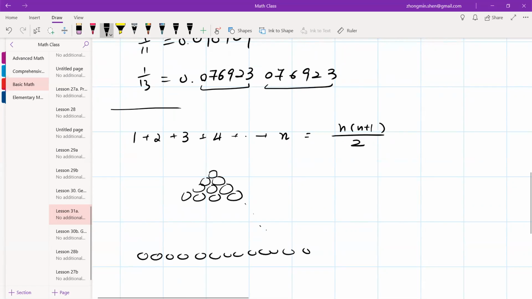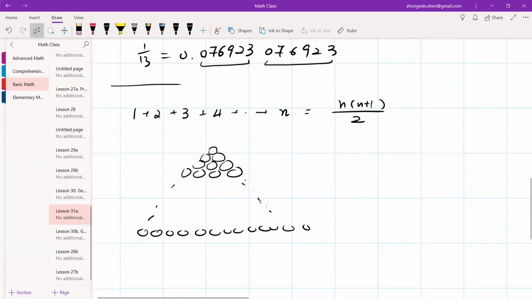Every time you increase by 1, if there are 13 circles in the last row, how many circles total?